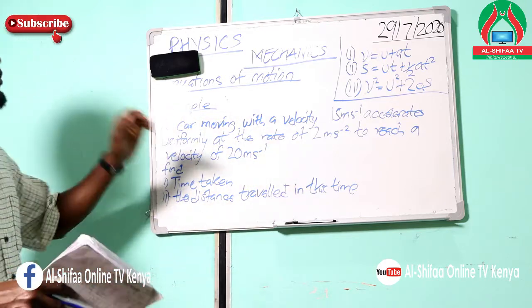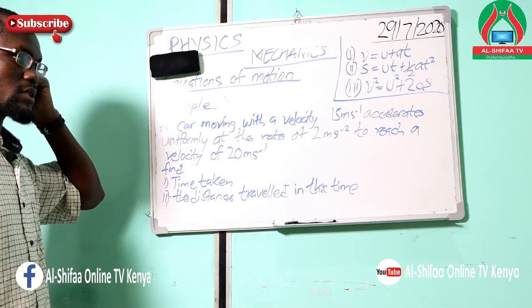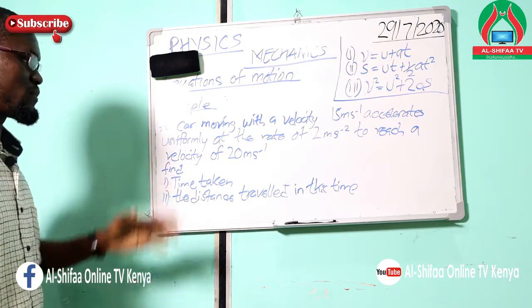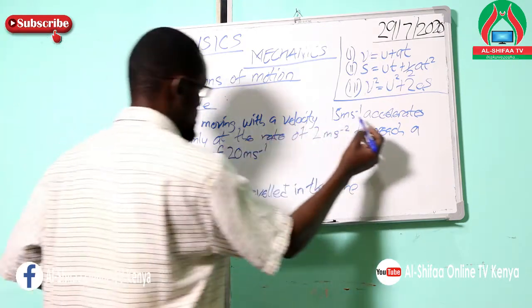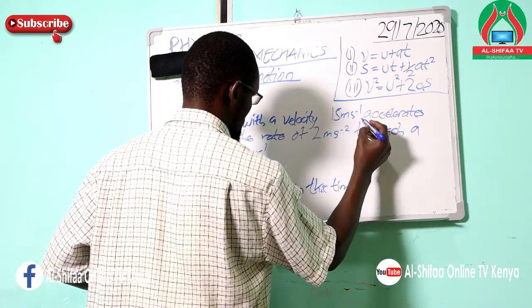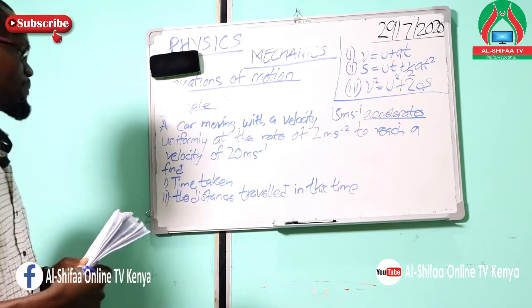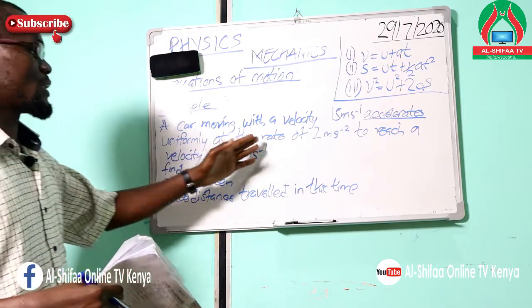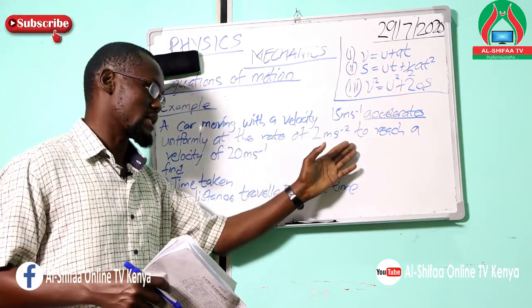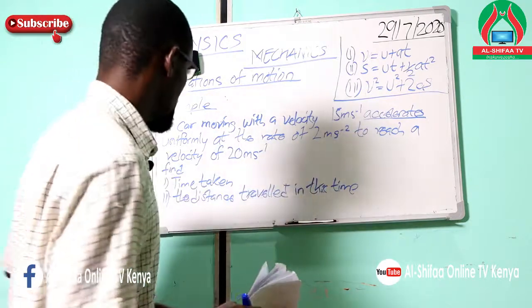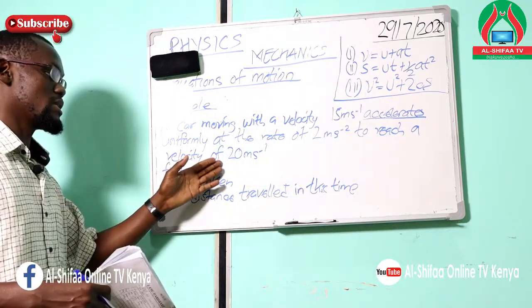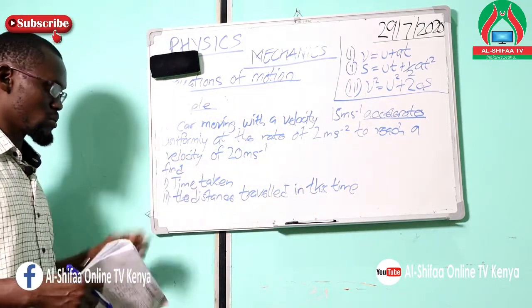We're told a car moving with a velocity of 15 meter per second accelerates uniformly. Our key point here is accelerate. It is a positive acceleration uniformly at the rate of 2 meter per second squared to reach a velocity of 20 meter per second.